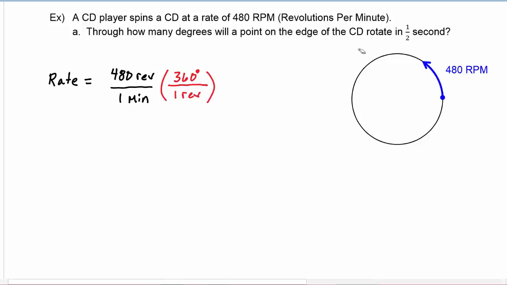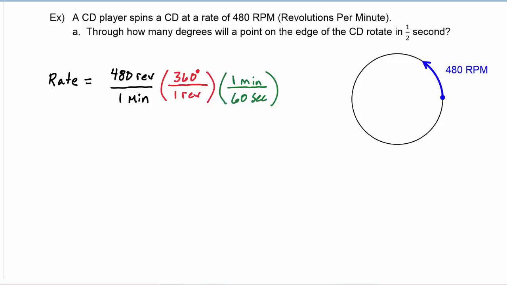We also notice that the question has units of time in seconds, not minutes, so we can go ahead and convert the minutes to seconds by multiplying by a second conversion factor, that 1 minute is the same as 60 seconds.